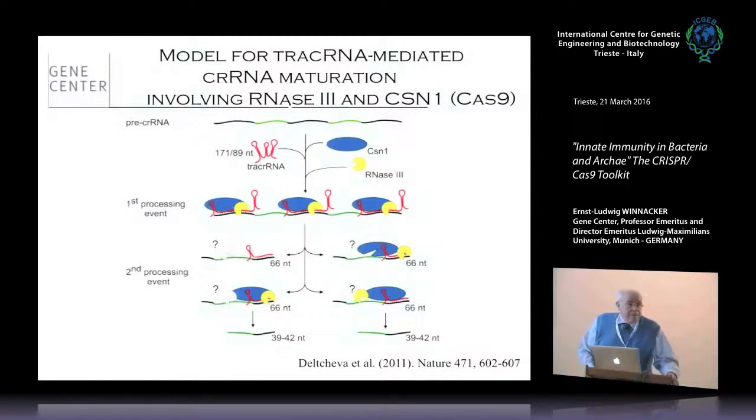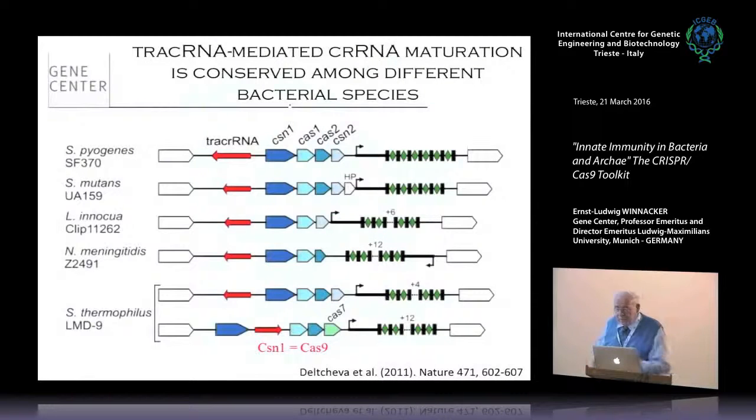So in order to cut the RNA, you need another RNA, and without this, it doesn't work. And that is crucial now for the development of the genome editing tool. Now this arrangement in type 2 is found in many bacteria.